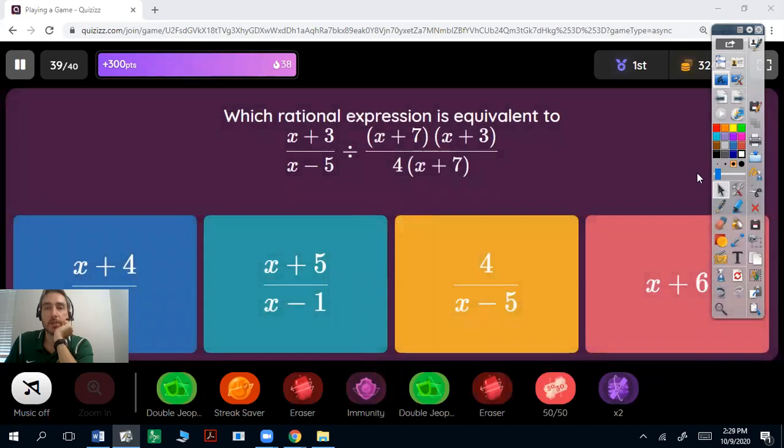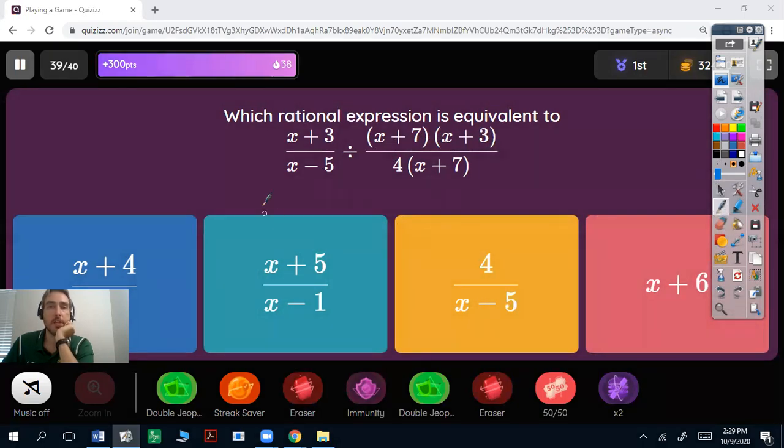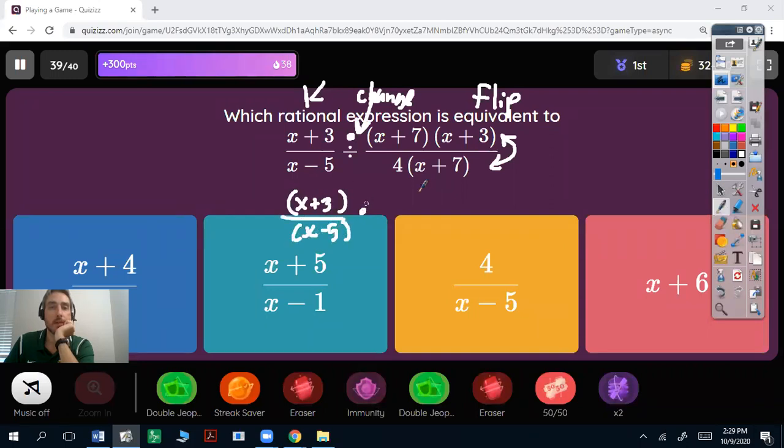All right, this one, which rational expression is equivalent to x plus 3 over x minus 5 divided by x plus 7 over 4? Keep, change, flip. Keep, change to times, and flip. So that's going to be x plus 3, I'll go ahead and use parentheses, over x minus 5 times 4 over x plus 7.